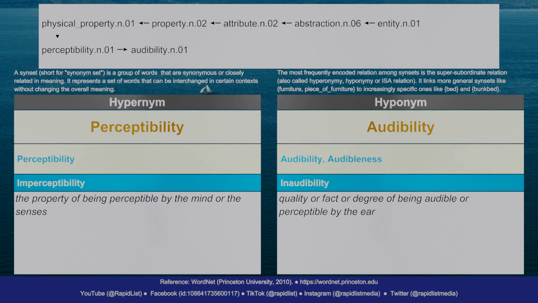Audibility. Quality or fact or degree of being audible or perceptible by the ear. Visibility. Quality or fact or degree of being visible, perceptible by the eye or obvious to the eye.